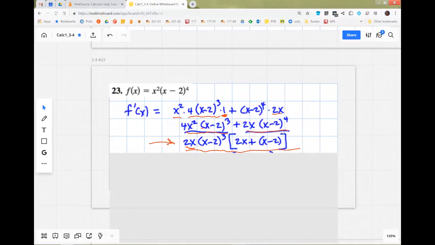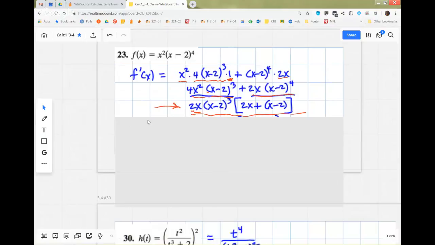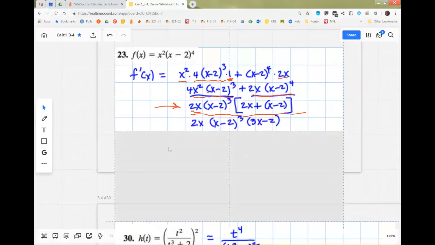What's left? 2x times, I need a 2x in order to get this 4x squared back. What do I need to take times x minus 2 cubed to get x minus 2 to the fourth? I got to take it times x minus 2. You're probably wondering, why did we do that? And the answer is the next step. Because now, simplify what's in the brackets.